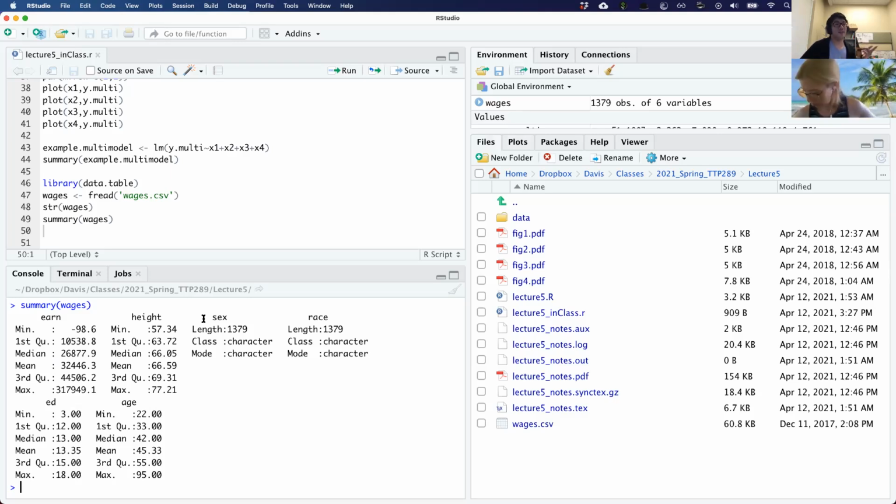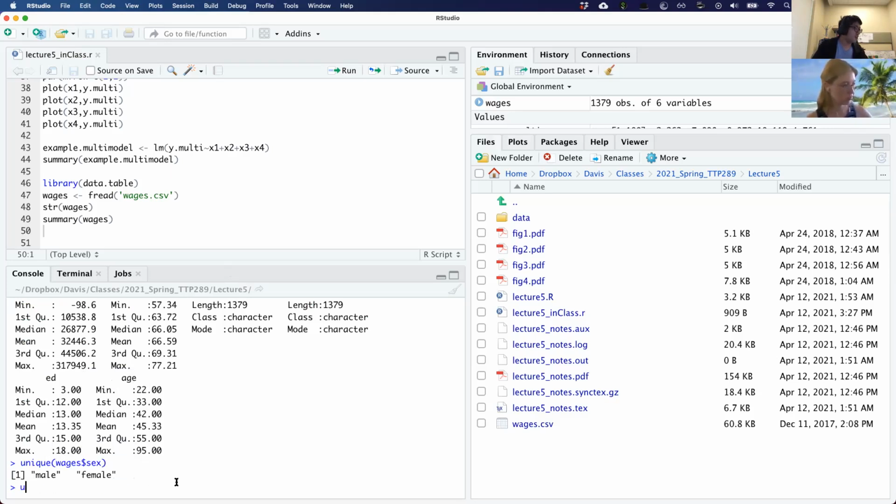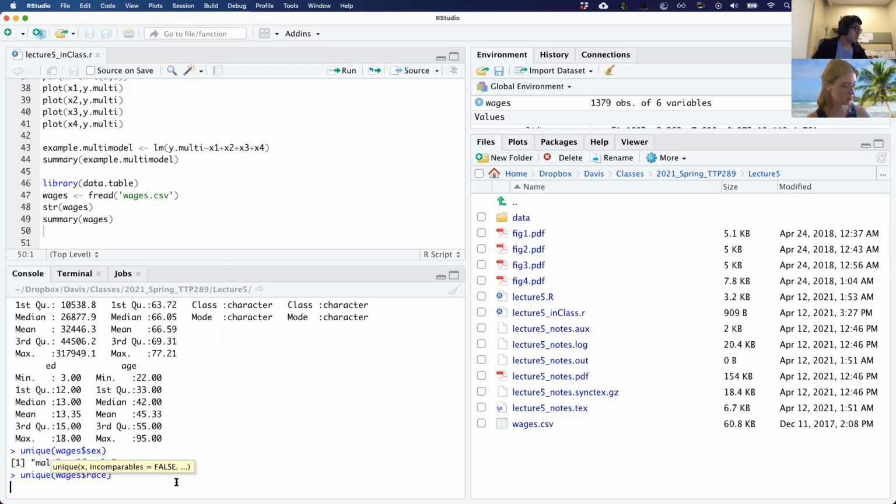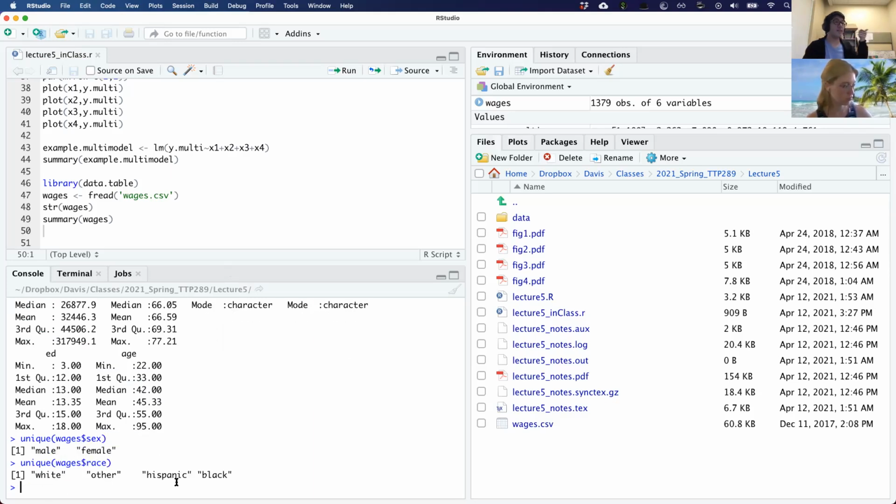In this data set, I believe there's just male and female. And then you've got race, education, and age. Let's just quickly look at the different genders. You've got male and female, and then the different races: you have white, other, Hispanic, and Black.